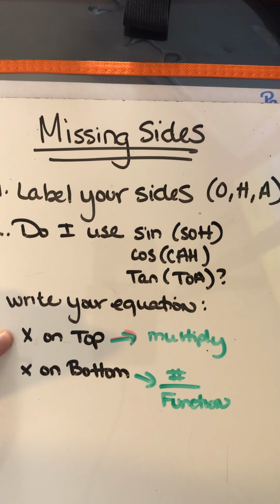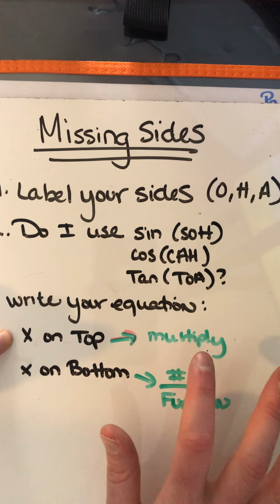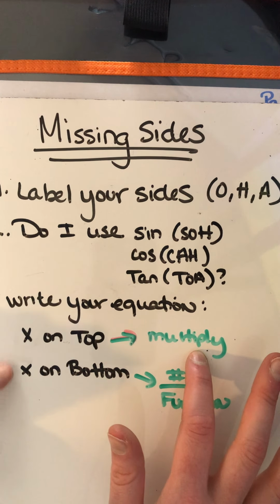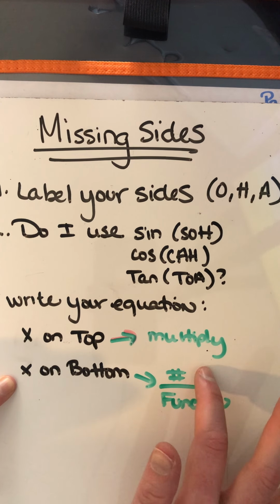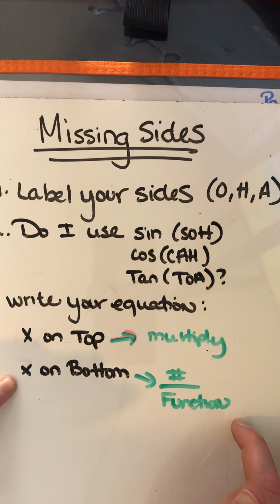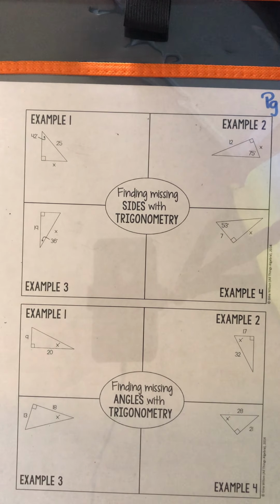If x is on top and we cross multiply, all we have to do is multiply the number times the function. If x is on the bottom, then it's the constant, the number divided by the trig function. So pause this video and give that a try. Notice that I'm pausing every so often so that you can pause yourself and take a look.